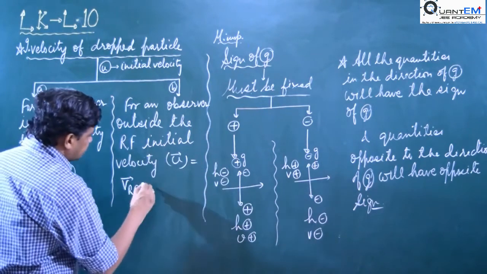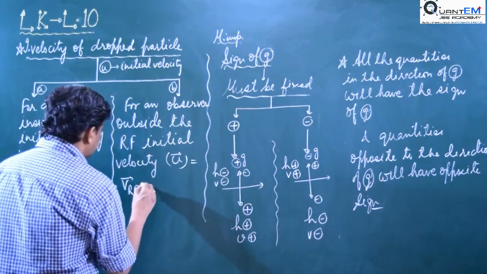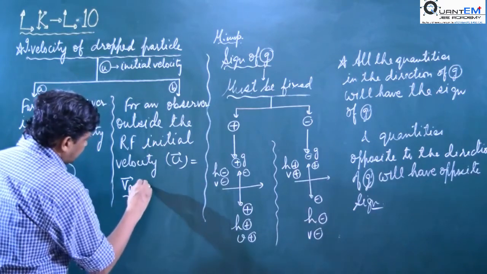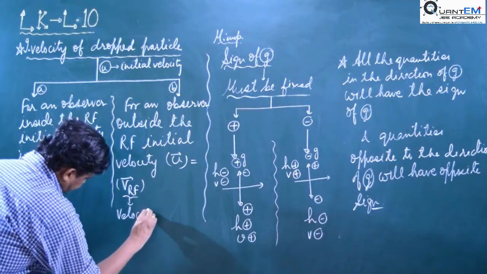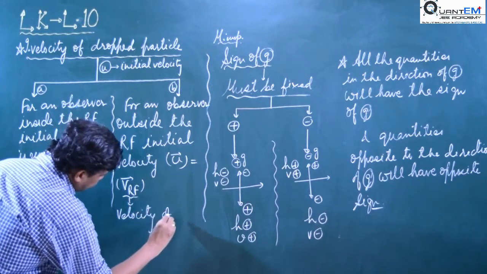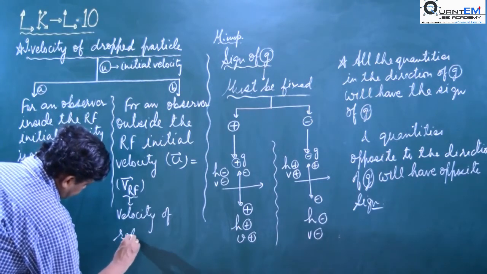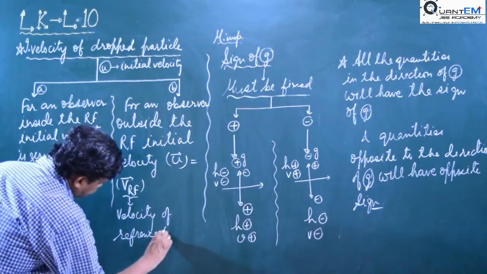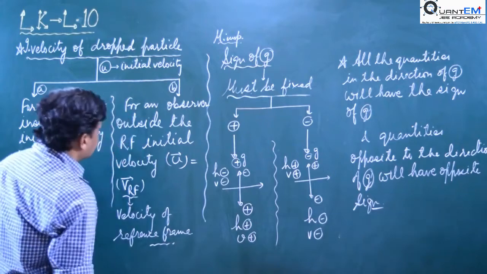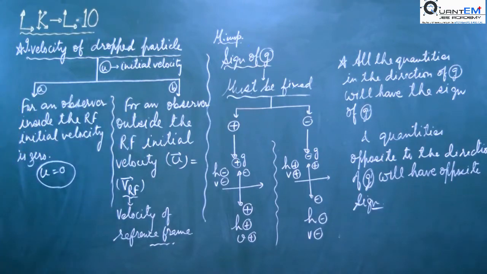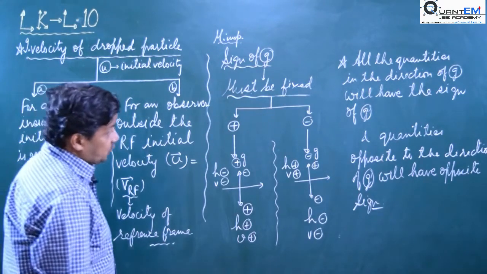Here VRF is the velocity of the reference frame. So it depends on the position of the observer.